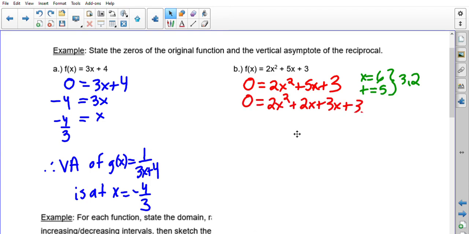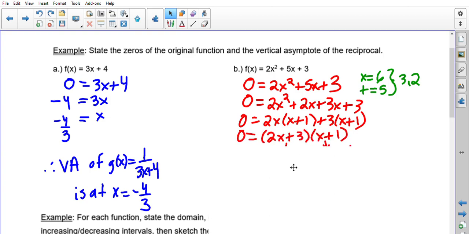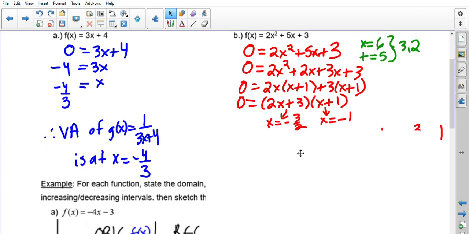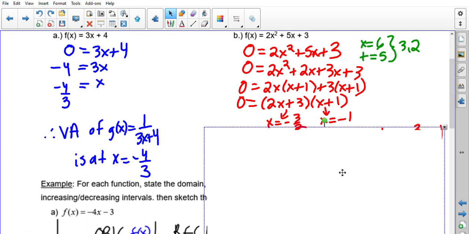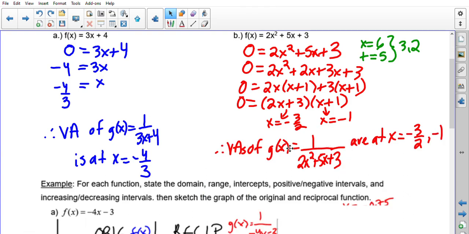So rewrite with decomposition and do our factoring by grouping. We should get that our two zeros are x equals -3 over 2 and x equals -1. If those are the zeros of the original, they become the vertical asymptotes of the reciprocal. Remember, when you give equations of vertical asymptotes, you always have to have x equals in front of it.